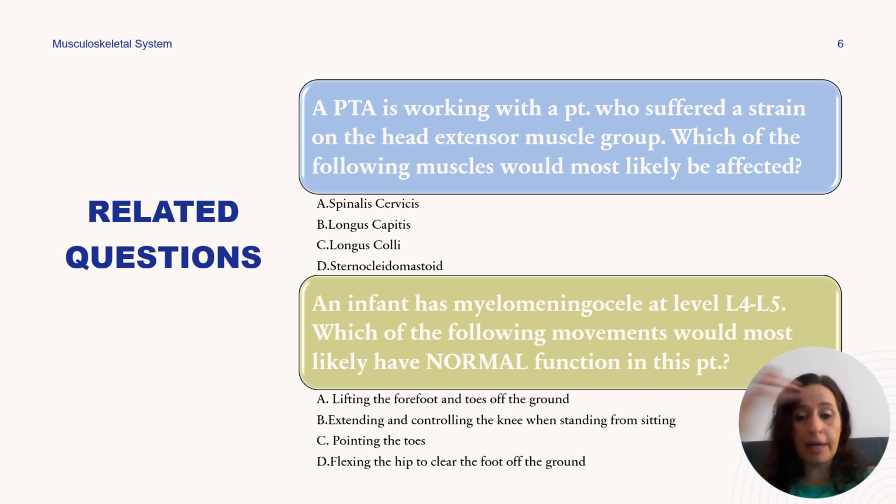And if you think of myotomes and you think of DTRs, L4, L5 is going to affect around the knee area, because you remember even when you did DTRs or dermatomes, L3, L4 was always upper thigh, knee, and then L5, S1 was going into ankles and foot.